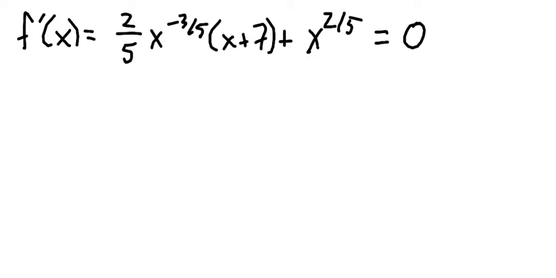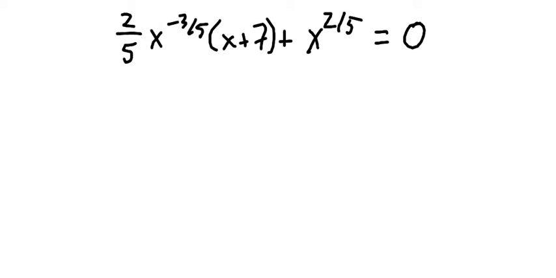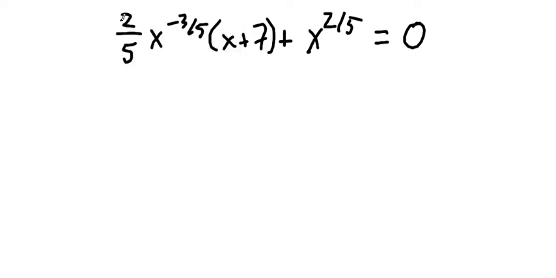Well, one way of trying to solve this is to first of all get rid of this x to the minus 3/5. That is kind of annoying. One way to try to do that is to multiply both sides by x to the 3/5. Why x to the 3/5?